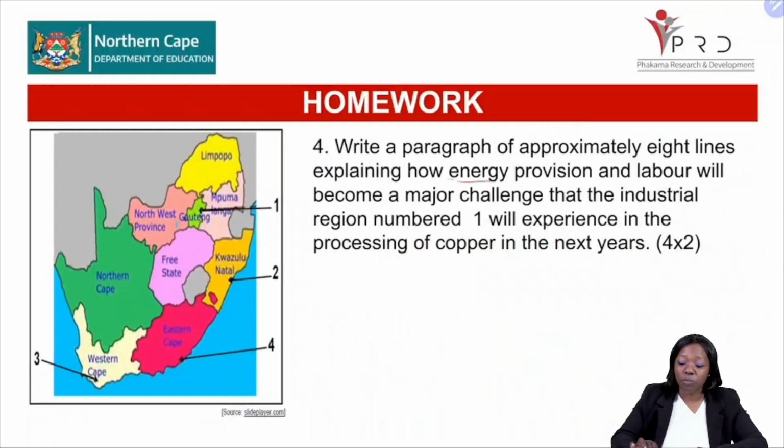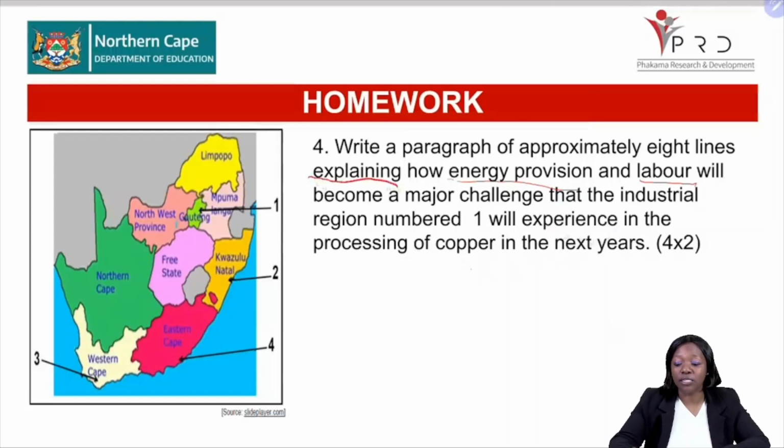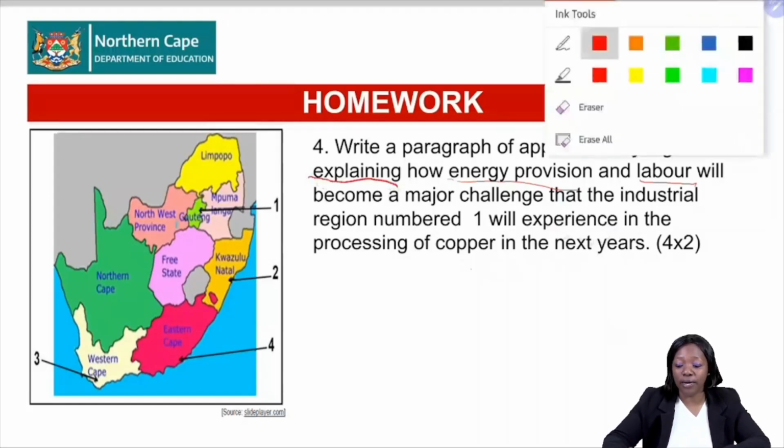So the energy provision as well as labor, in terms of the people who are working, skilled or semi-skilled, will become a challenge that industrial region number 1 will experience in processing the copper in the next years. 4 times 2, again, 4 responses that are going to give you 8 marks. So explaining. You are not stating, but you are explaining. So this is your homework for today.